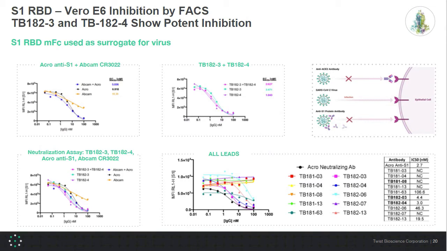I know this is a pretty complicated slide, but basically it's a cell-based assay where we're able to show in the middle panel that these two antibodies, TB1823 and 4, show nice blockade of S1 ACE2 interaction. And down at the bottom, we looked at all of our antibodies that came out of this campaign from a number of our other libraries as well, and we had a number of antibodies that completely block the interaction between S1 and ACE2.